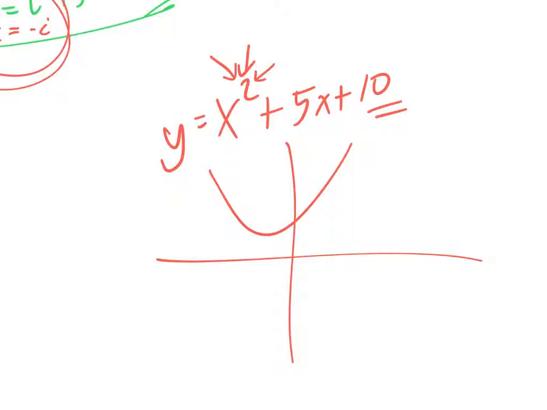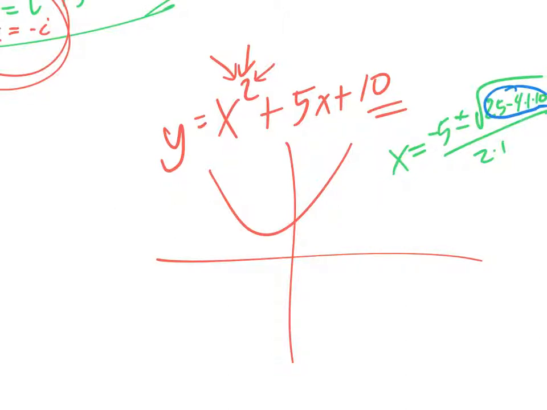All right. Here's another way to think of this. If I was going to do the roots, I'd do x equals -b plus or minus the square root of b squared, 25, minus 4ac, 4 times 1 times 10, all over 2a, which is 2 times 1. Guess what's going to happen under here? Going to have a negative, right? And if I have a square root of a negative, then I have i, right?